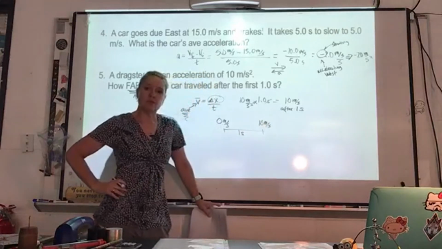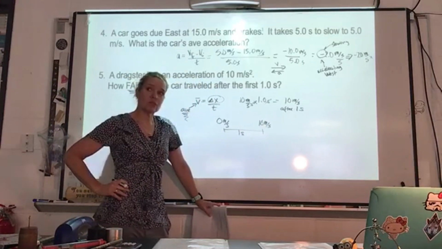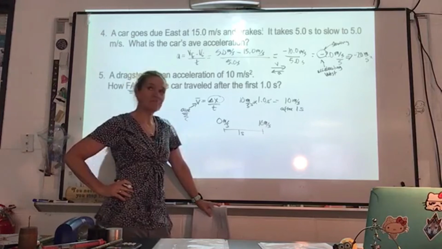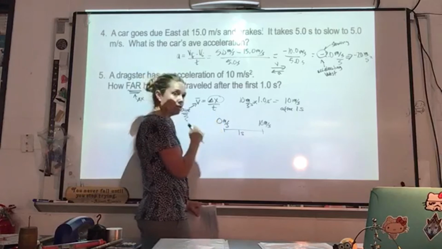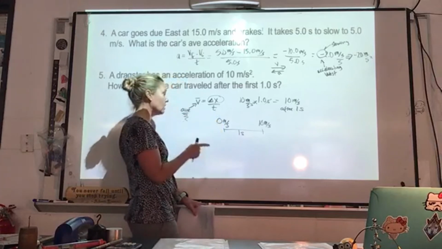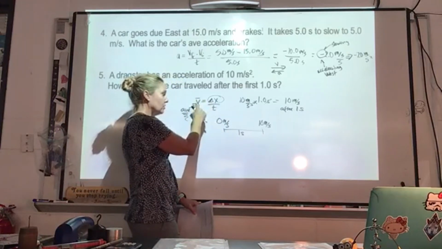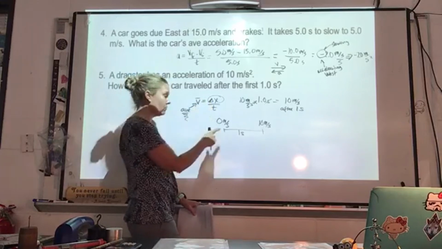How many of you thought the drag racer was going to go 10 meters in 1 second? It's not. All right. So, what's the real answer here? What's the correct answer? Well, the only way I can solve for this is I have to have an average velocity. I know, that's why I gave you that second formula.